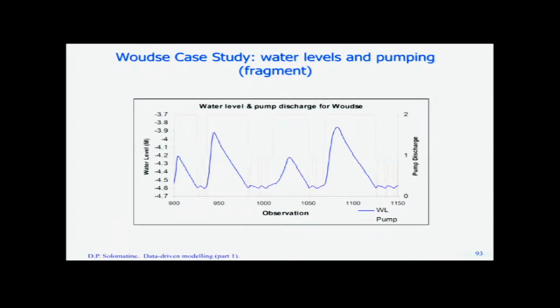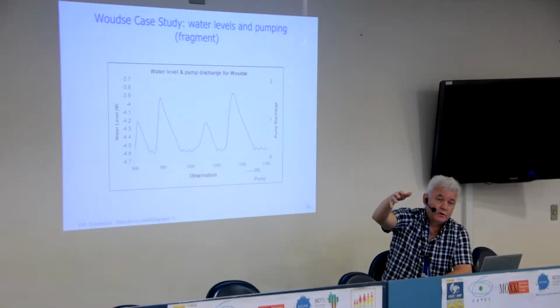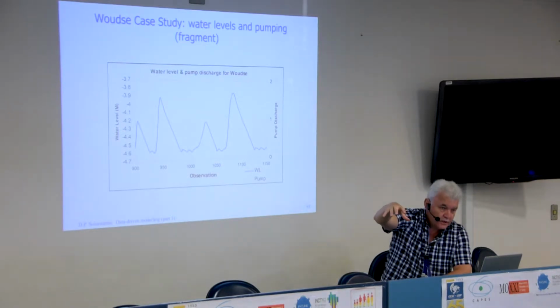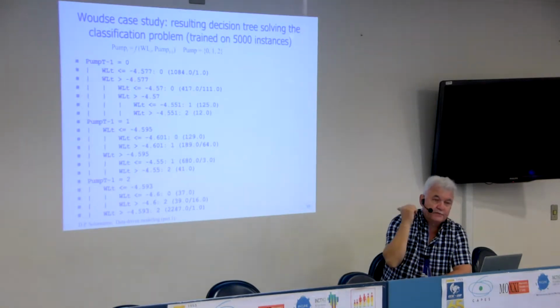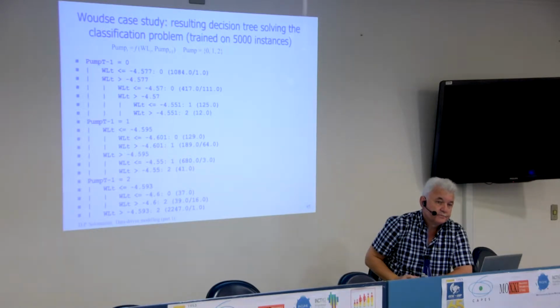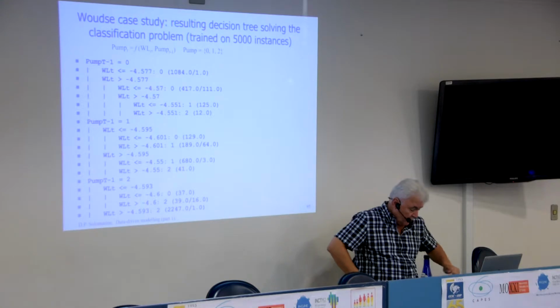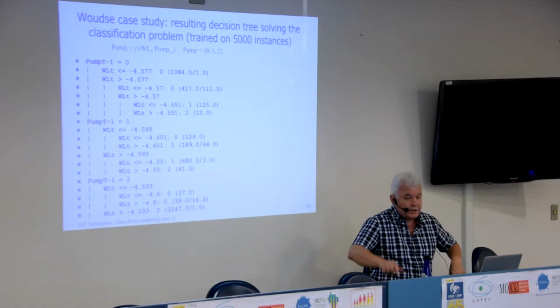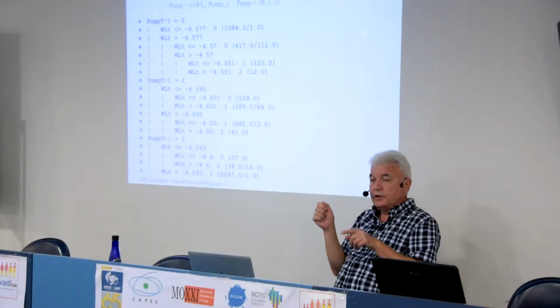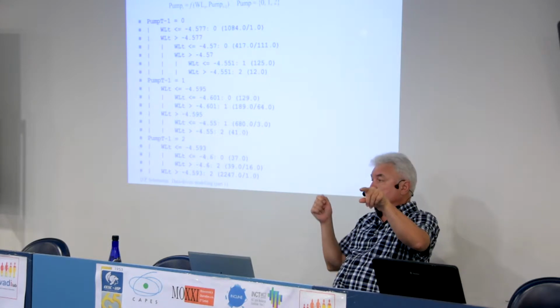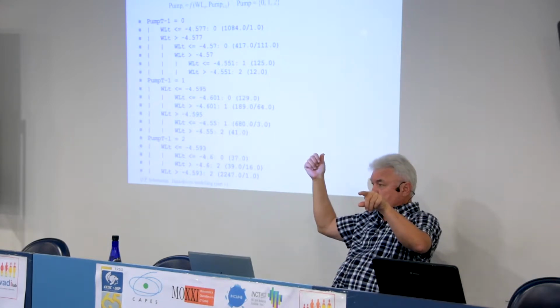So we took that data about how pumping was done by humans, and we encapsulated that knowledge into this classifier, into this tree. Now, if an operator of this pump would decide to switch it on, it would be useful for him or her to look at what classifier actually gives you as advice.